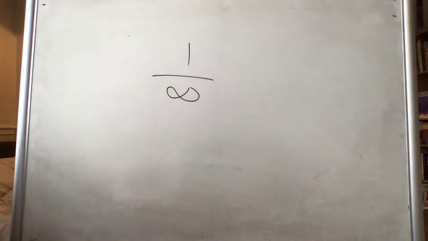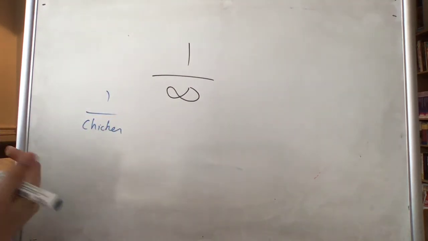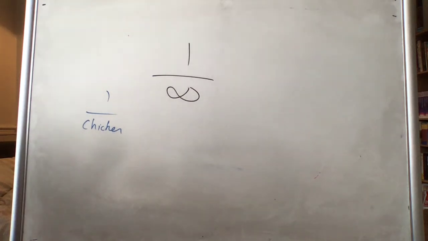Okay, what is the value? Well, unfortunately, we don't actually know, okay? And the simple reason is that infinity is just not a number, it's an idea. So 1 over infinity is the same as saying, I don't know, 1 over chicken, okay? It's just a thing, it's an idea, okay?